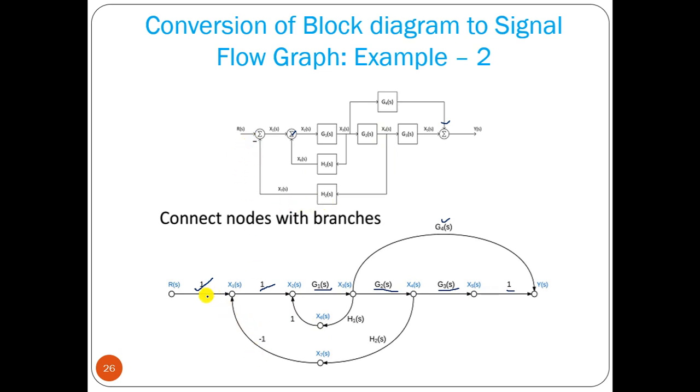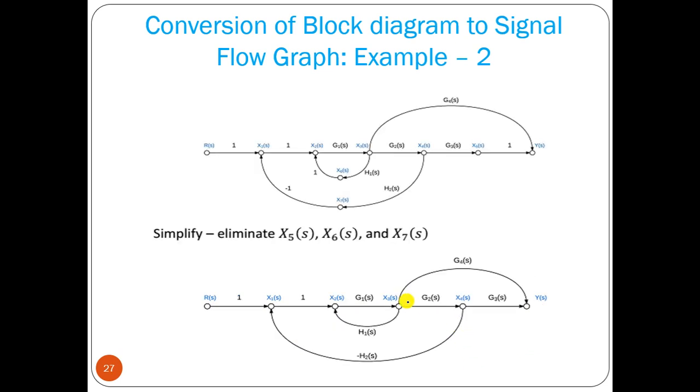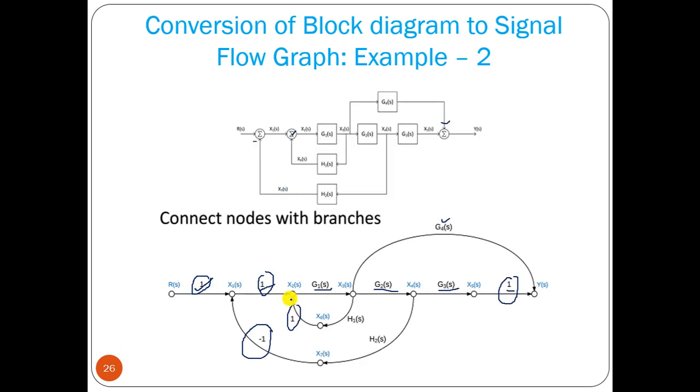Now what we can do is drop this 1 value. What we can see is that this feedback is connected to this point, and this feedback is connected to this point, so these two points must be there.